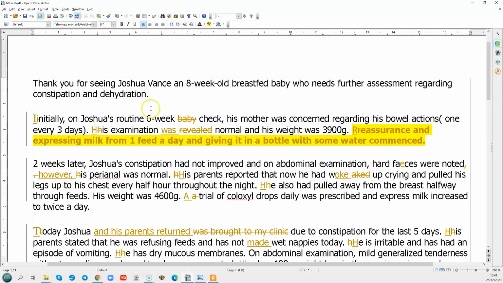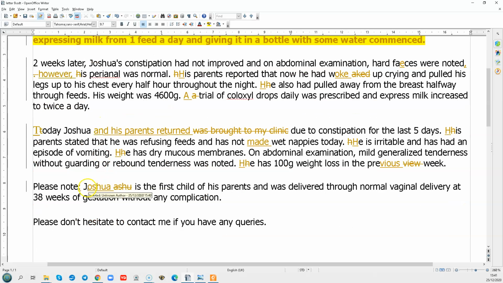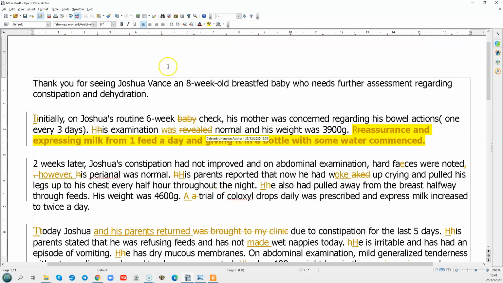Joshua is the first child, so I'm writing to refer Joshua Vance. So if you had a reference line, Joshua Vance, aged 8 weeks, I'm writing to refer Joshua Vance, who needs further assessment regarding his constipation and dehydration. Joshua is the first child of his parents, blah, blah, blah, blah. So you could have put that as the second part.